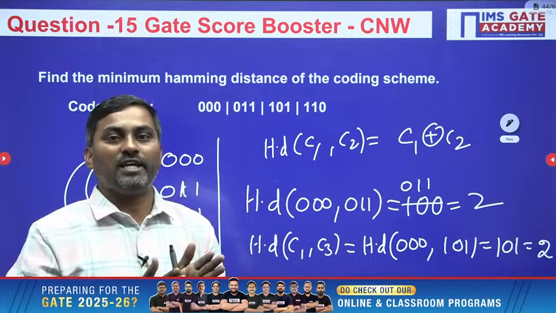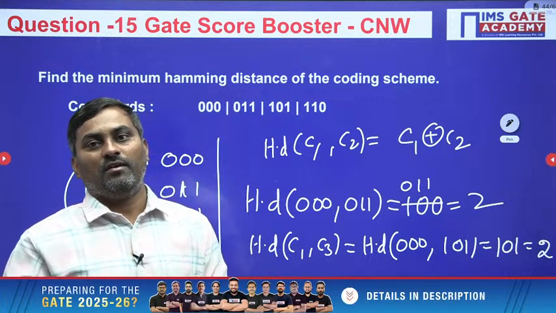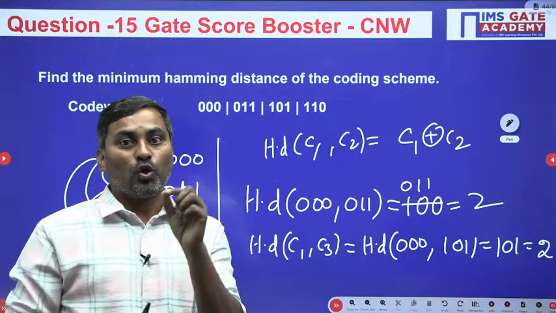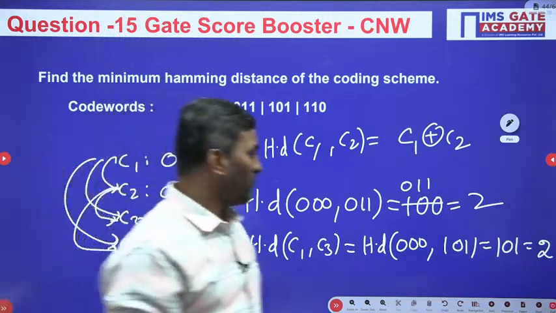I repeat my statement: what is the minimum Hamming distance I should have to correct 1 bit error? Very good, 3. Yes, 3.